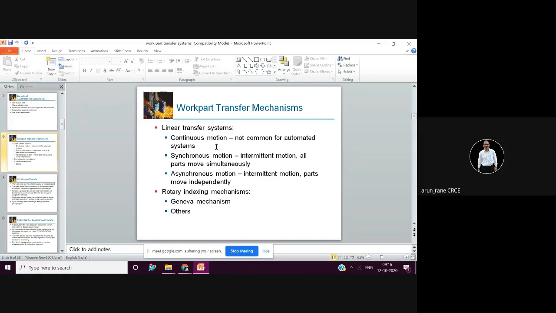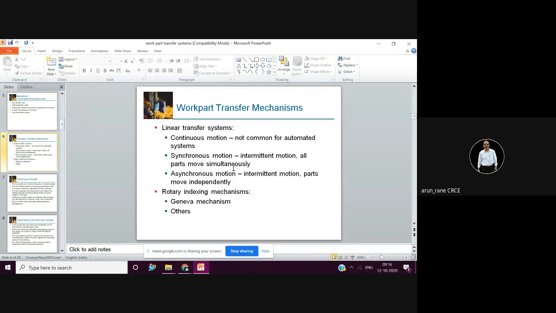So linear transfer system, this is important. That is continuous motion and synchronous motion. Continuous motion means the components are moving continuously. Synchronous motion means it is intermittent motion. All parts move simultaneously. Let us take an example of 10 workstations.